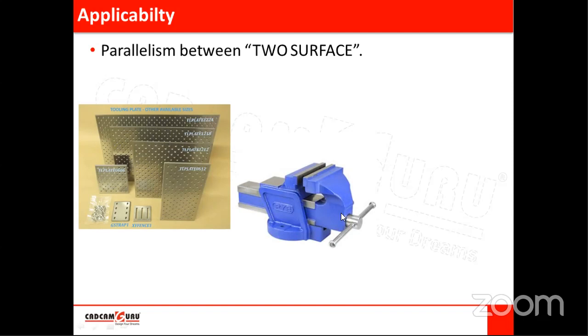Okay, you might have experienced that. After some time there is a possibility that this guide may get some rusting, so there will be some surface error, or it may change due to wear. Due to that, it may lose its parallelism, and we can face difficulty in sliding motion.